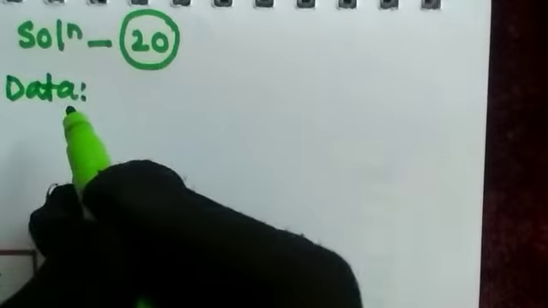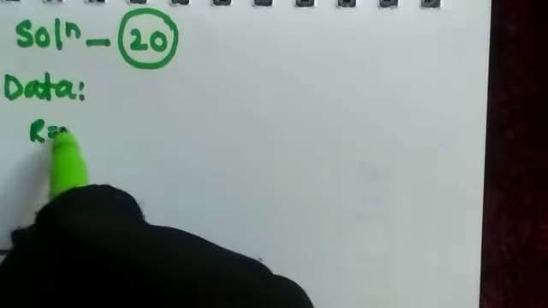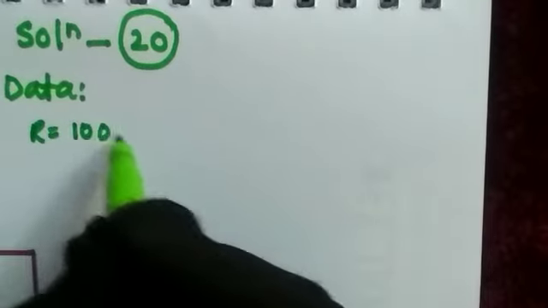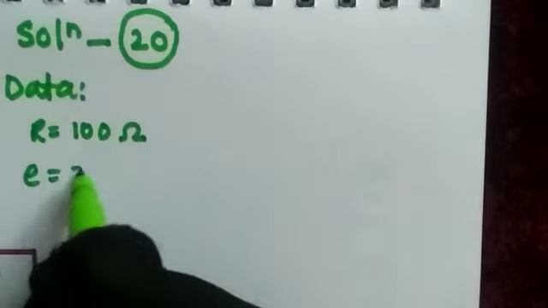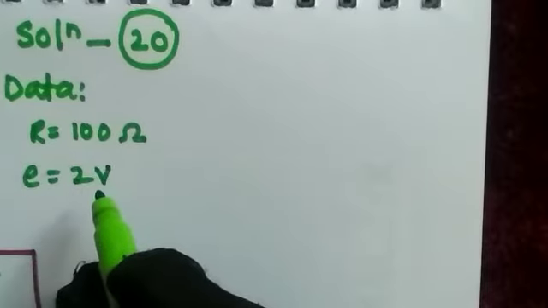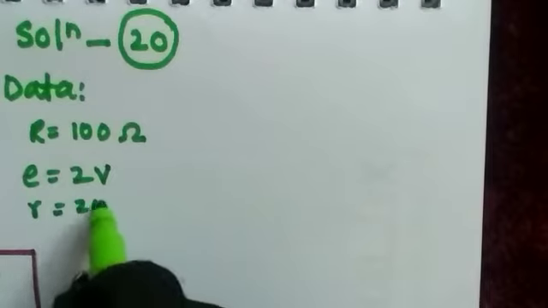So here data is resistance of voltmeter, that is R, is given as 100 ohm, and the EMF is 2 volt, and internal resistance is also given as 20 ohm.